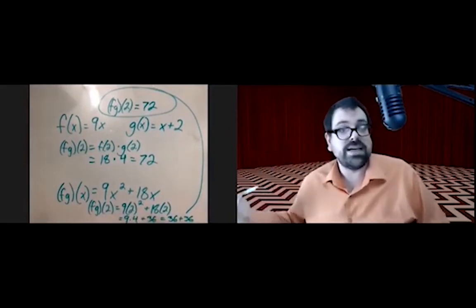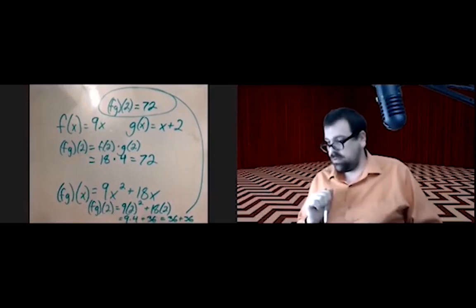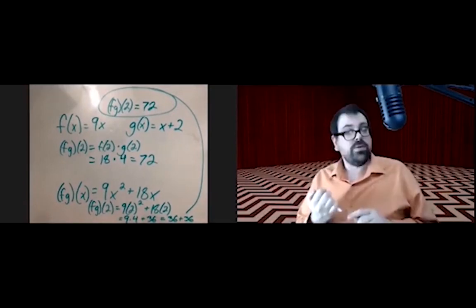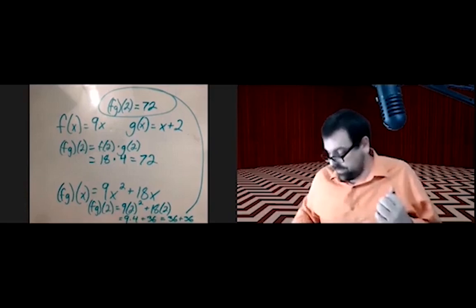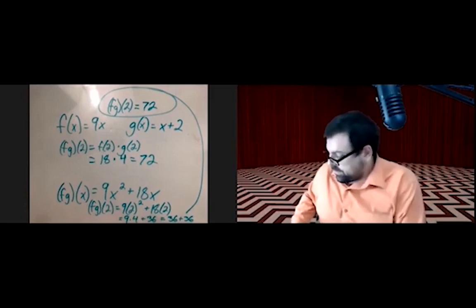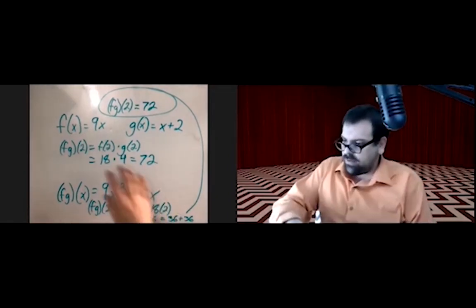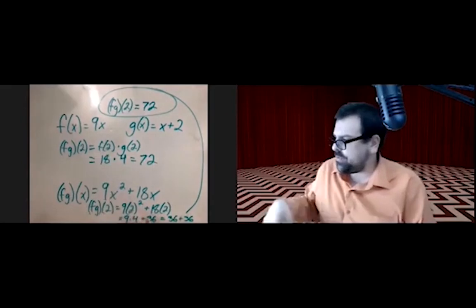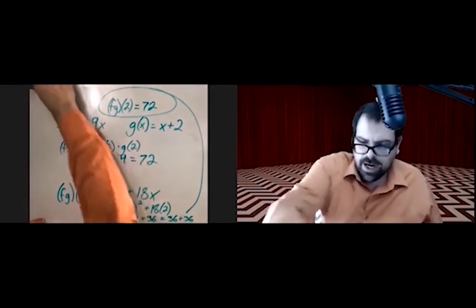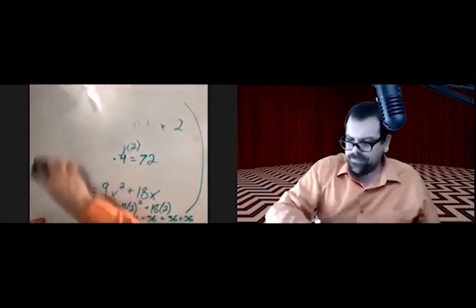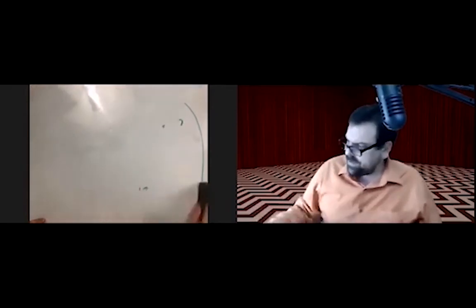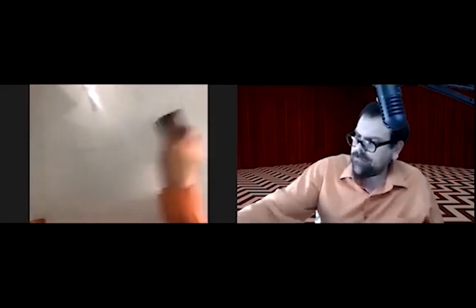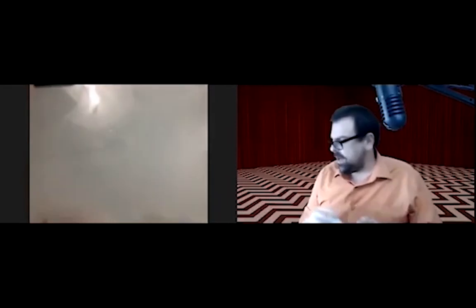So everything's working exactly like it should here when we do algebra with functions. Now, 9x and x plus 2, various different ways. Those work together well.